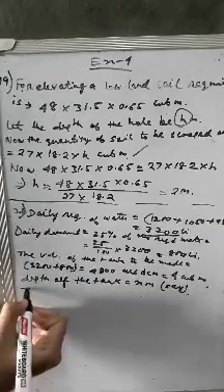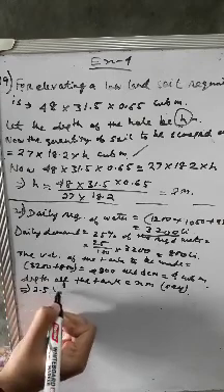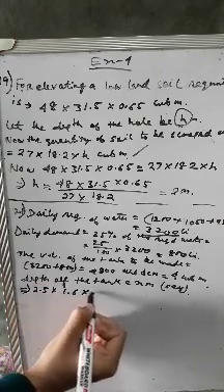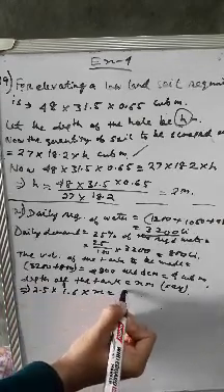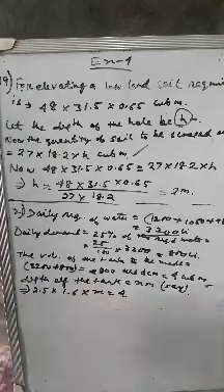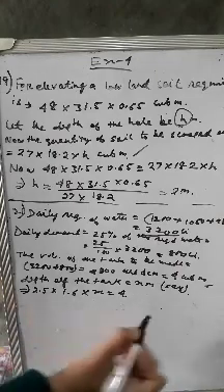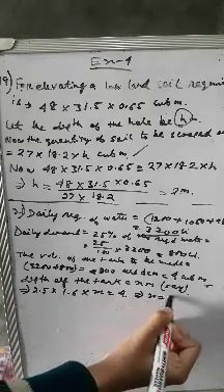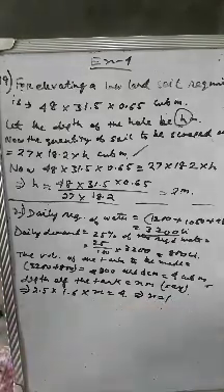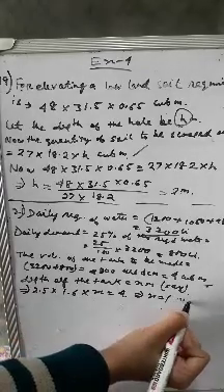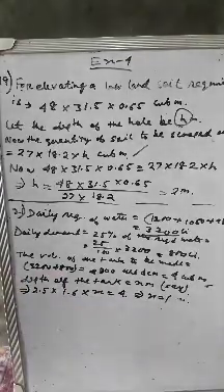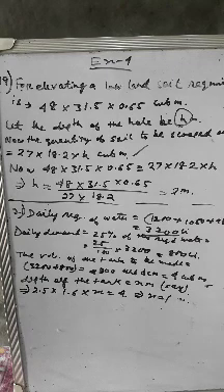Then we can write 2.5 into 1.6 into x equals 4, because this is the volume of the tank to be made, 4 cubic meter. So we'll get x as 1 meter. Understood? That means the first part we have calculated, that is the depth of the tank in meters.